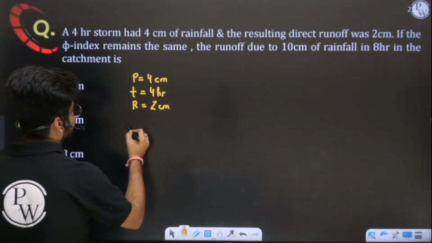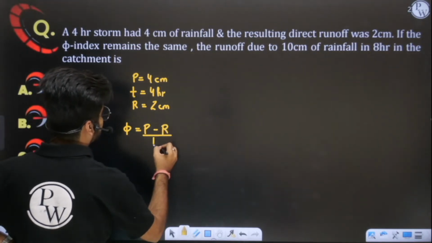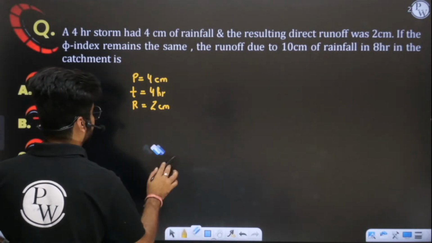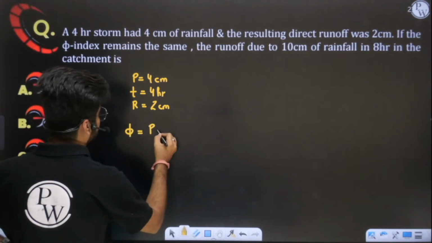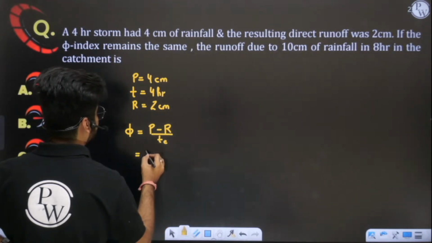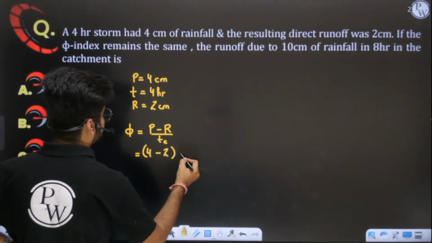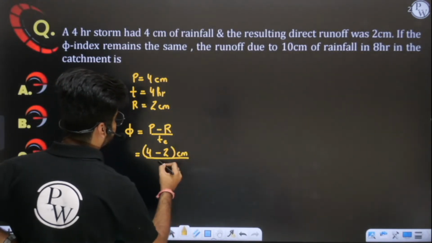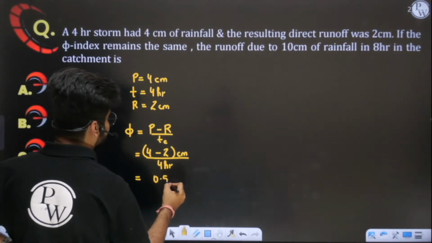So if you want to evaluate phi index from here, the value of phi index will be total precipitation minus runoff divided by excess time. So this is 4 minus 2 divided by 4 hours. So the average infiltration value is 0.5 centimeter per hour.